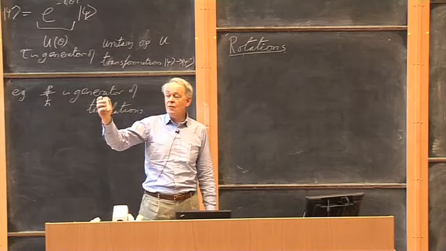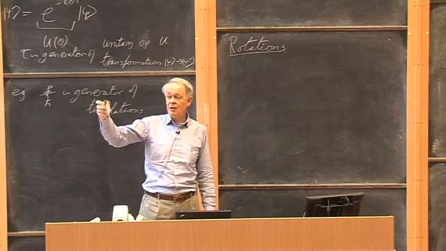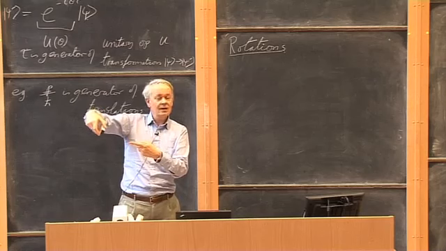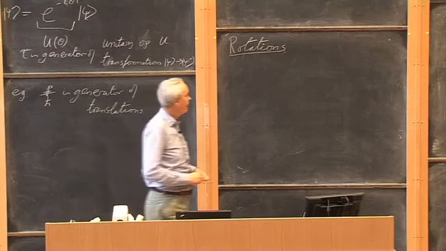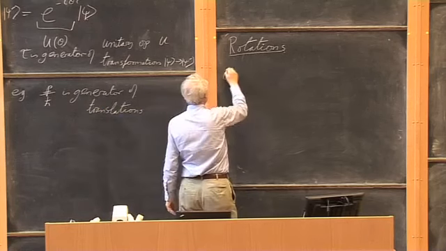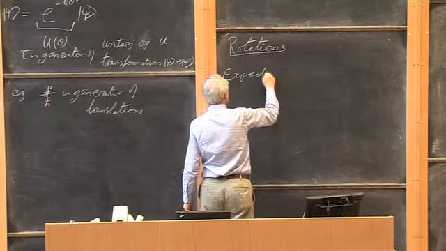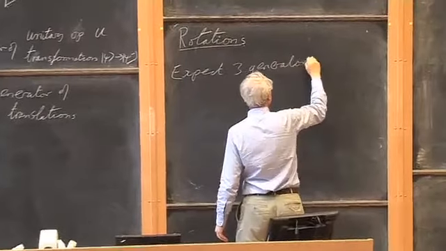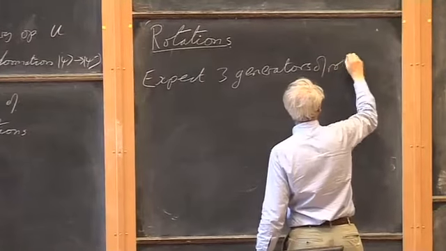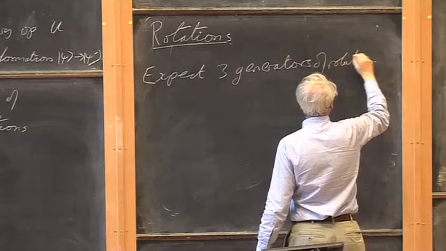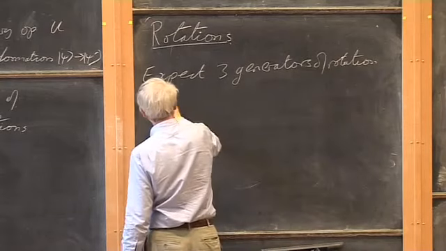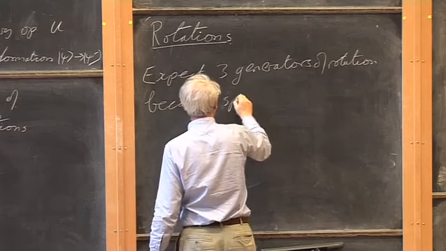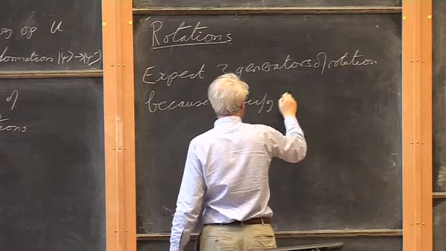To specify one rotation, I specify the axis I'm going to rotate around, and I specify how far around that axis I'm going to rotate. So we expect three generators of rotation because we specify a rotation with three numbers.